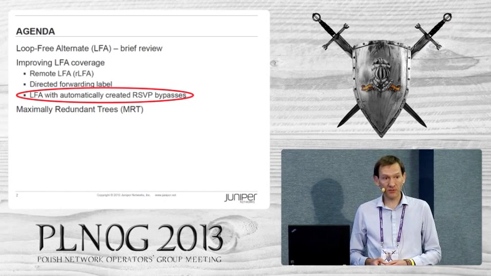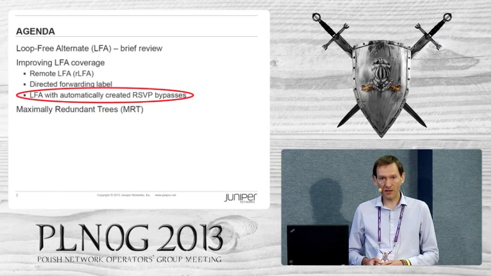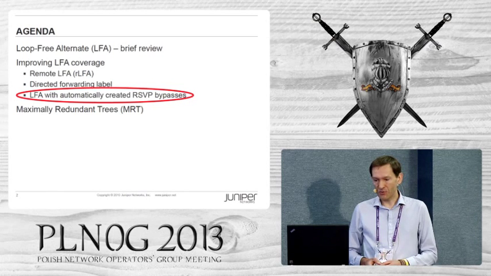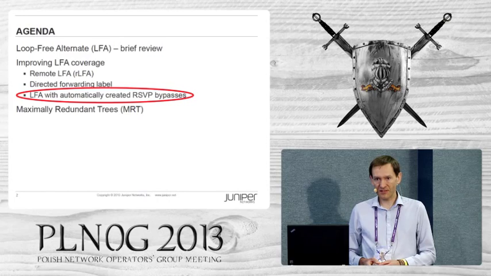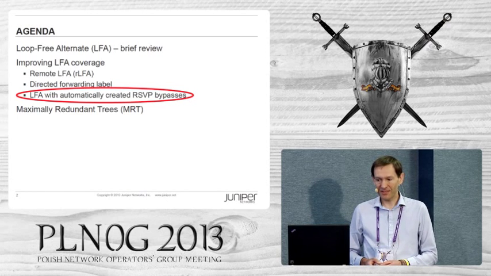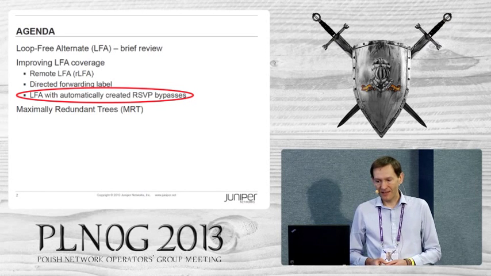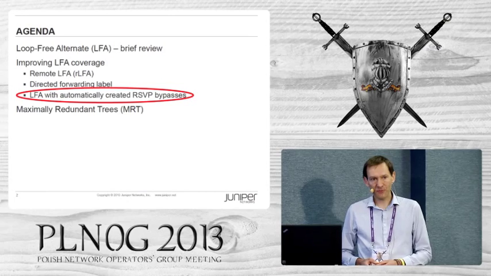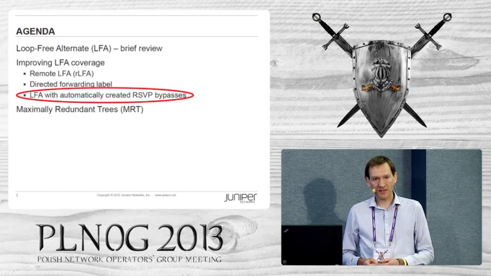One of those is remote LFAs, or RLFA for short. Also a way of extending it further using IGP advertisements in the form of direct forwarding labels. And what I'll focus on in particular is improving coverage of loop-free alternates with automatically created RSVP bypasses.